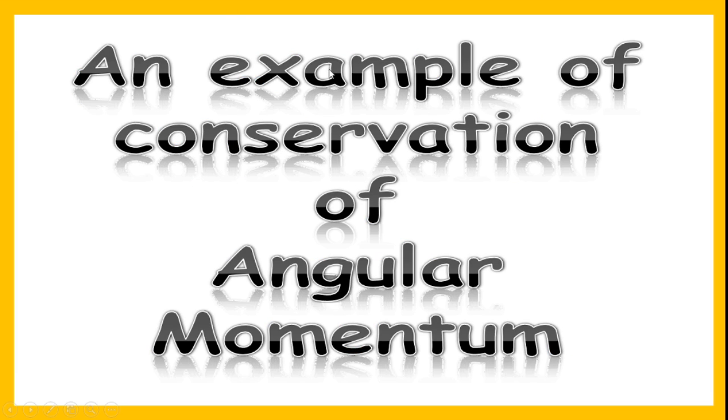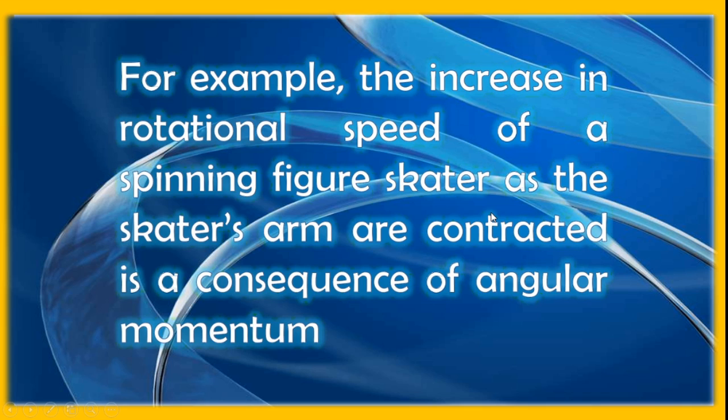An example of conservation of angular momentum is the increase in rotational speed of a spinning figure skater as the skater's arms are contracted. In the previous cases also we have discussed a figure skater: when she contracts her body or her arms, her angular velocity increases, because of which her rotational speed increases, which is a consequence of conservation of angular momentum.